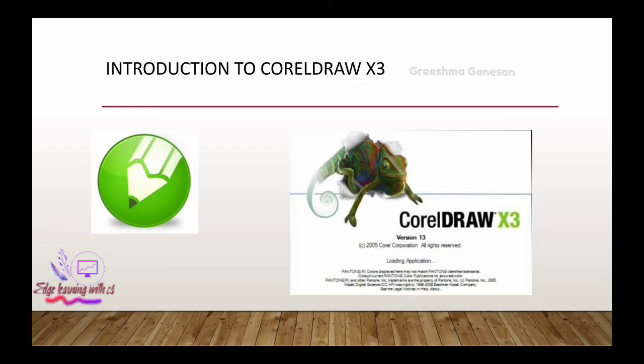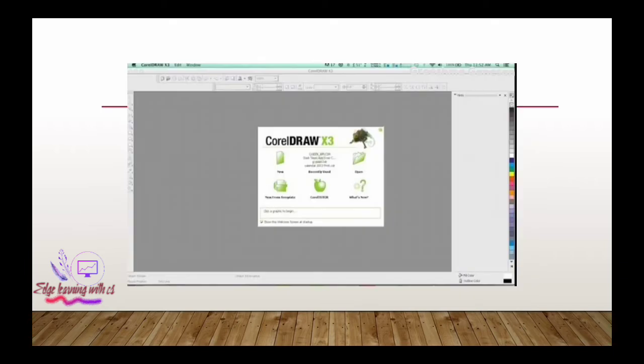Whenever you click on that icon, the application will be loading in the system, and then you can see the second image. This is the loading application image. After loading, you get an interface like this. Here you can get options like new, template, help, everything.